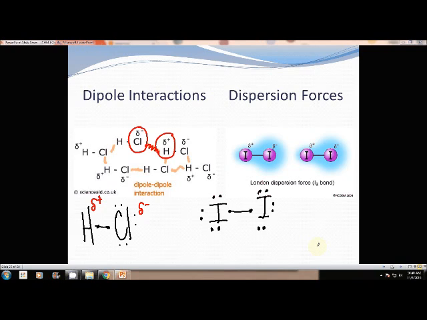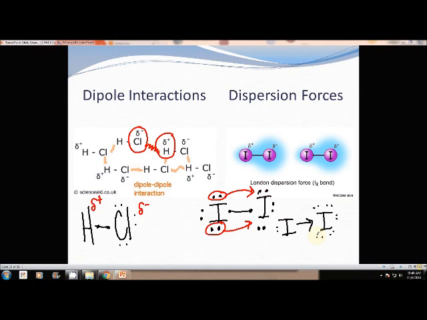What happens to make the dispersion is the electrons will move from one side to the other. I don't know how many move and how many don't, but let's just say that 2 pairs on the left I move over. Now there's 1 pair left on the left side, and we now have 5 pairs on the right side.